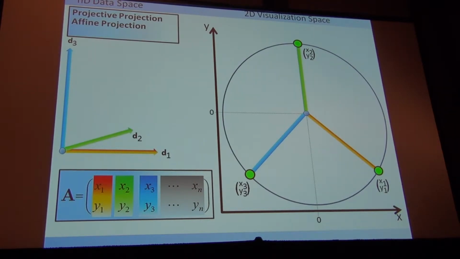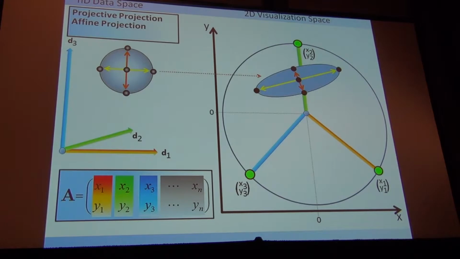In order to illustrate this, let us consider 4 data records placed on the periphery of a hypersphere, and let us further consider the related projection in the visualization space. For projective as well as affine projections, it applies that 2 points close to each other in the visualization space might be far away from each other in the data space.